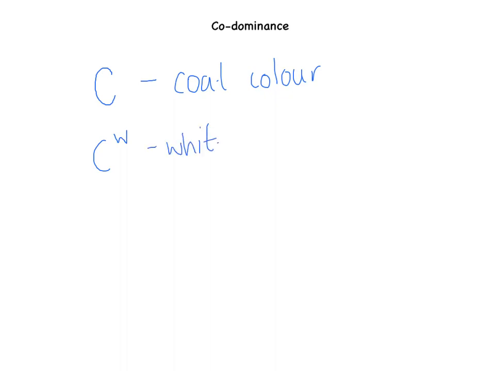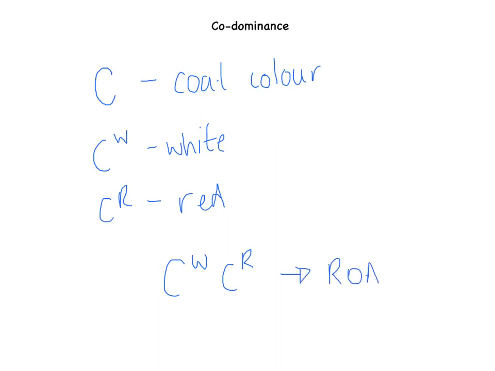You often find this in hair colour of animals, so we might use the capital C for the gene coat colour, and then if we had, for example, CW for white and CR for red, what you would find is that they are both dominant, but where you have the heterozygote, CWCR, you get what we call roan, which is a codominant characteristic.